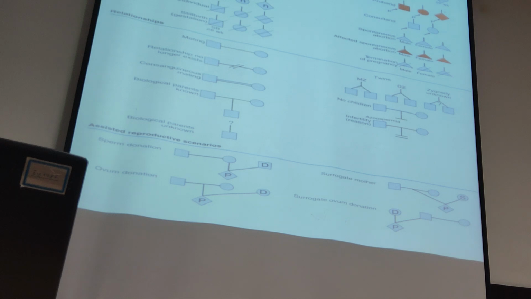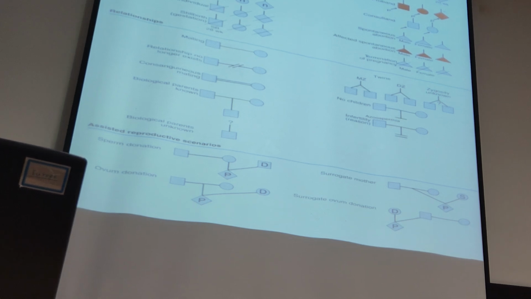We just draw one symbol for male and write down the number of individuals inside the symbol. If you do not know the number of healthy individuals, you just write down N inside the symbol.